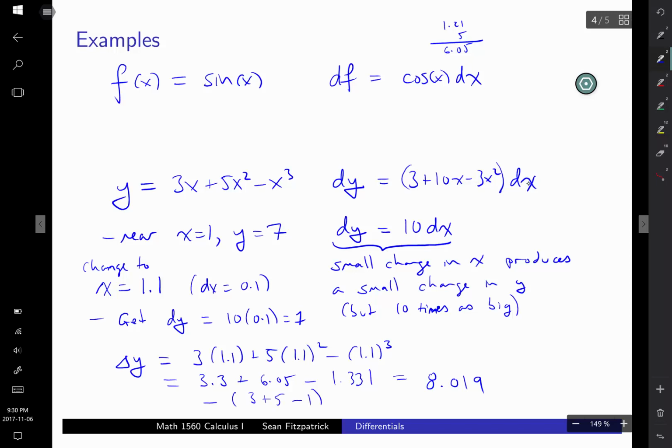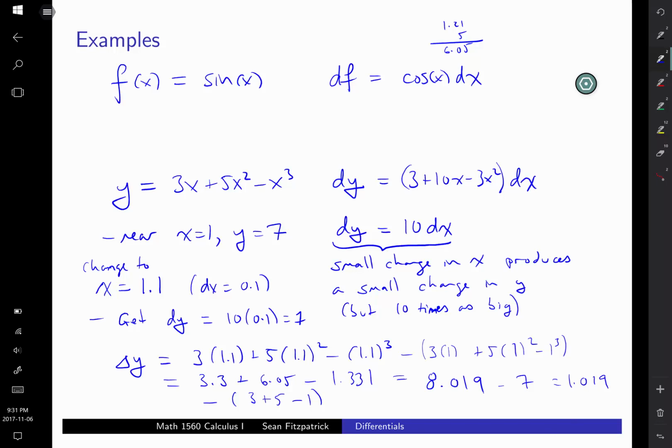Delta y is y at 1.1 minus y at 1. And so we've got to subtract 7, and that gives me 1.019. So for a dy of 1, that's a pretty good approximation, right?